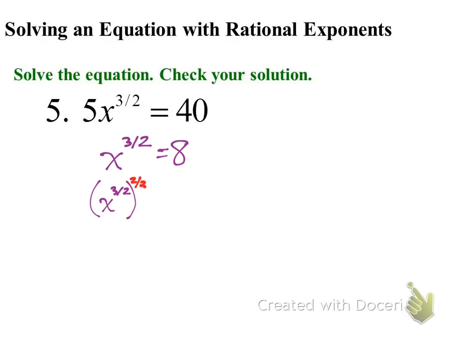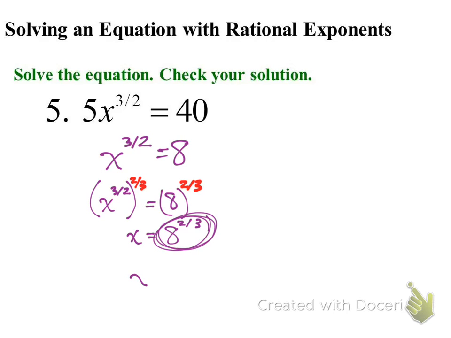So raise each side to the 2/3 power. So power to a power, multiply those powers, you get x to the first power. Equal to, well, 8 to the 2/3. We should be able to do this without a calculator.